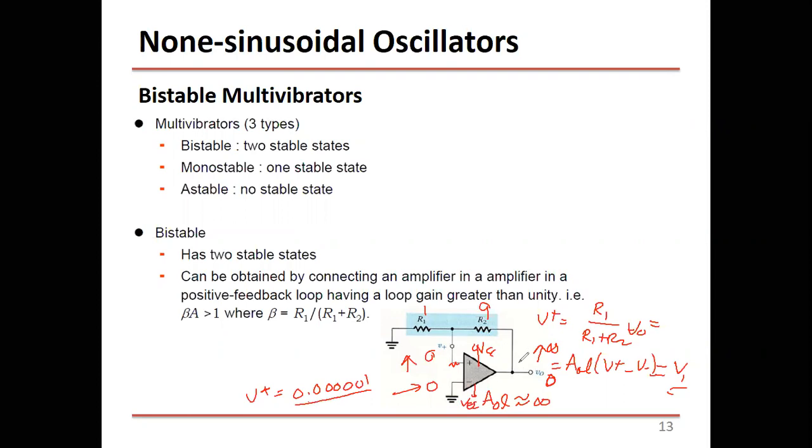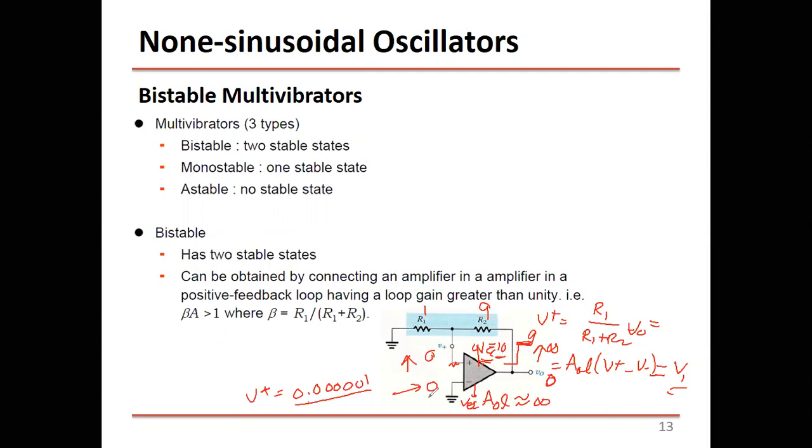It will keep growing until it hits the saturation limit. The saturation limit is not necessarily VCC. Ideally it's VCC, but practically it's less than VCC because you have some transistors inside, so you have to consider the VCE sat. If VCC is 10 volts, this might be 9 or 9.5 volts. So it's not necessarily exactly the maximum, but ideally it is.